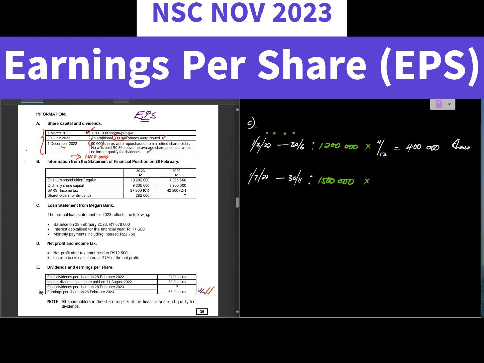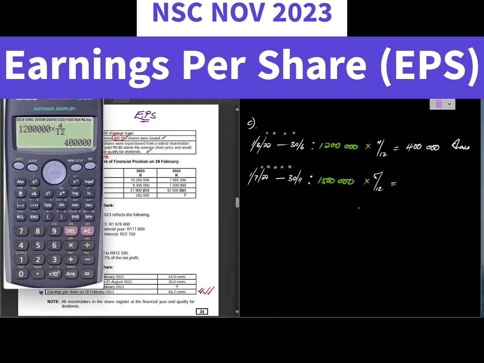We want to know how many months these were. So we would now say July, August, September, October, November. So that's 5 months. So 5 over 12. Let's see again our adding machine. So we'd say the number of shares is no longer 1.2, it's now 1.5. And then we'd say multiply that now by our 5 over 12.